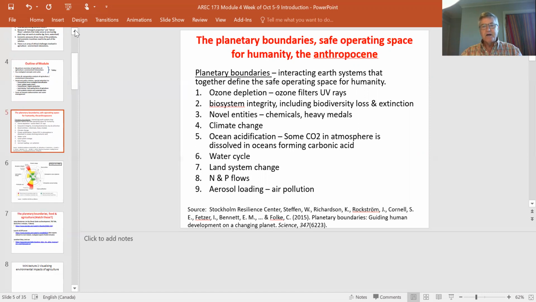People have come along since the Industrial Revolution, since our population has grown so rapidly, since we've changed it so much, we have become much more of a force. So this idea of planetary boundaries is to what extent are we a force at the global scale? And what are the key systems?